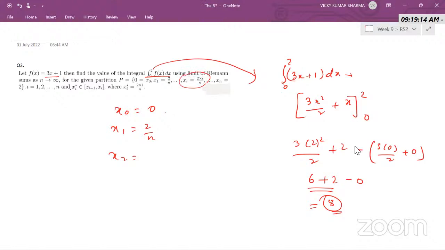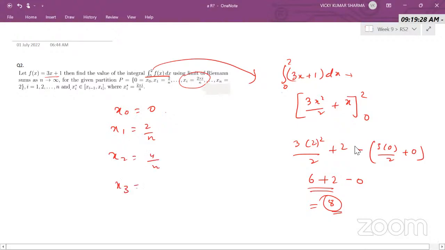Wait a second, I just zoomed in. So if i equals 0, it will be 0. I equals 1, and so on, right? Yes. So what about x2? 4 by n. Likewise, what is your x3? 6 by n. Like that. Could you tell me what is the interval for this?